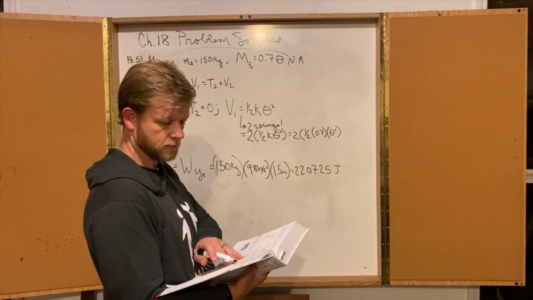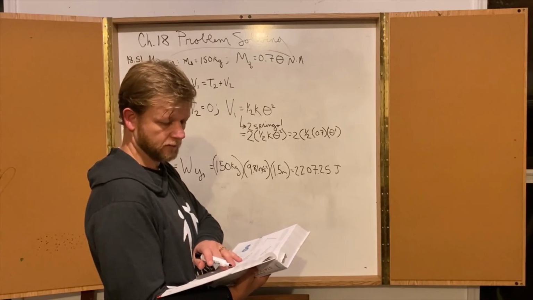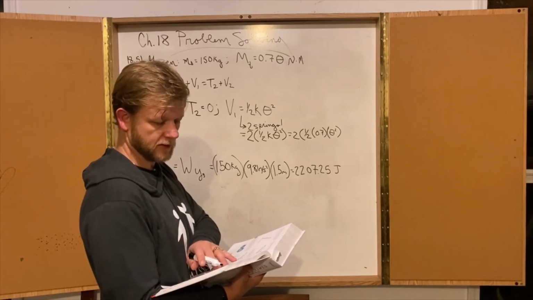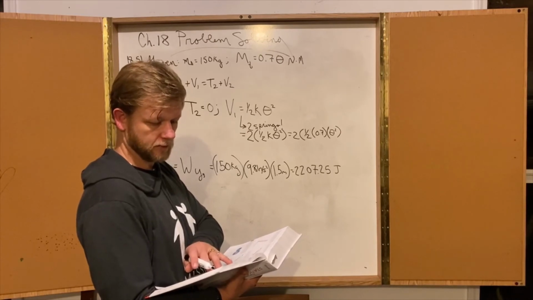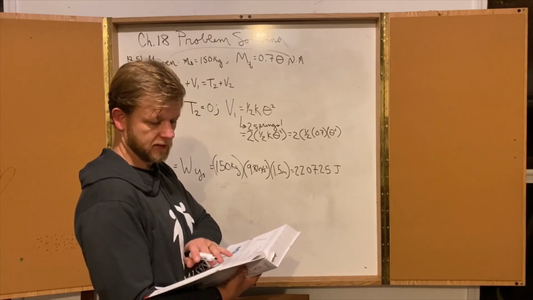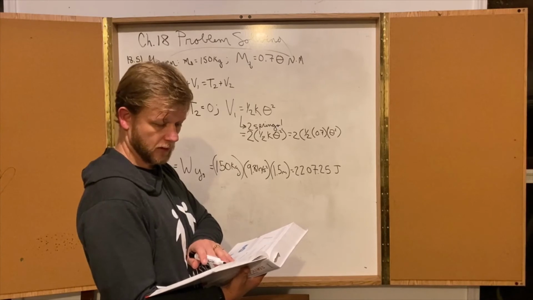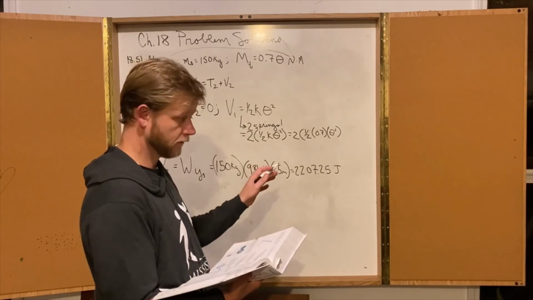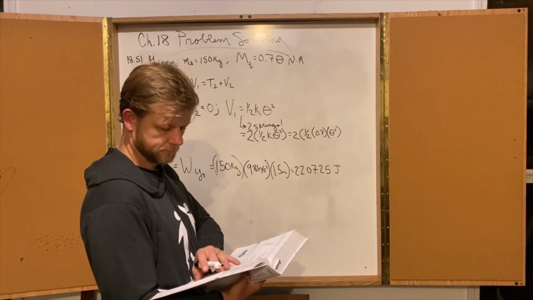If each spring provides a torsional moment of M equals 0.7 theta, newton meters, where theta is in radians. Theta is always in radians when we've been doing these problems, don't forget that.